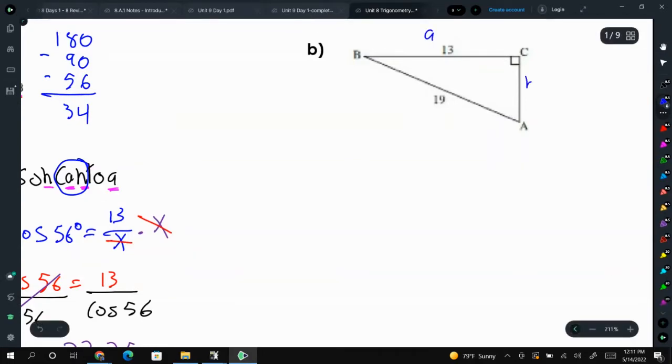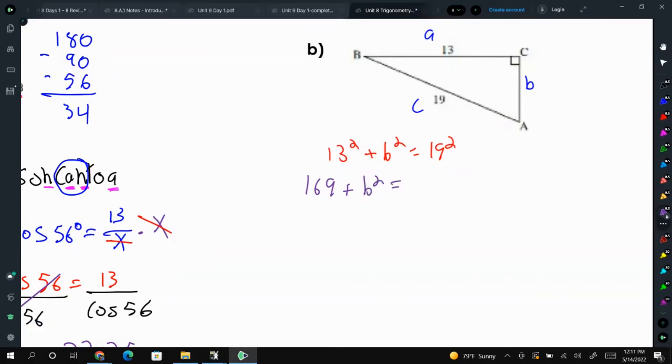So 13 squared plus b squared equals 19 squared. So let's solve that. 169 plus b squared equals, I think that's going to be 381. Sorry, 361.